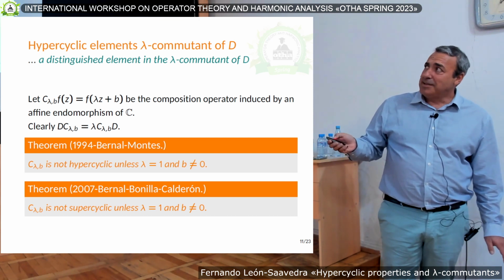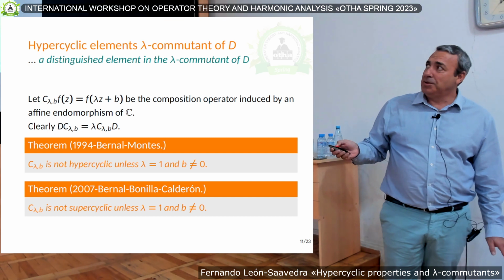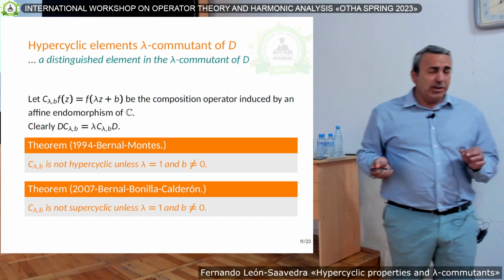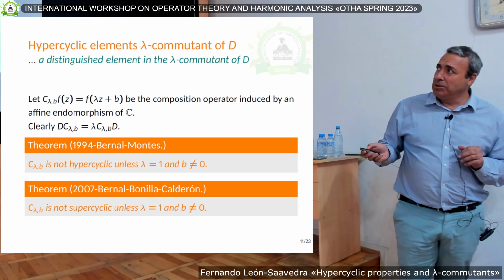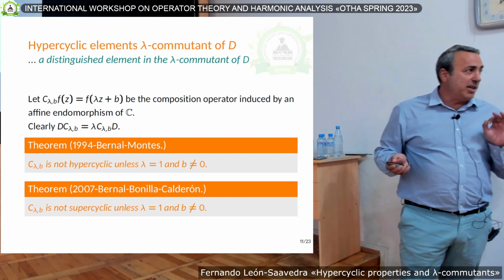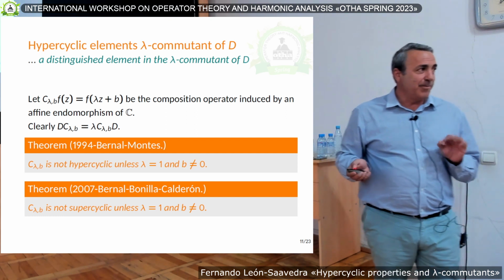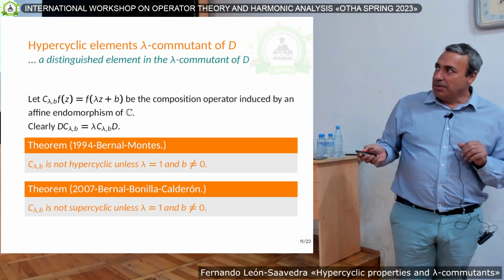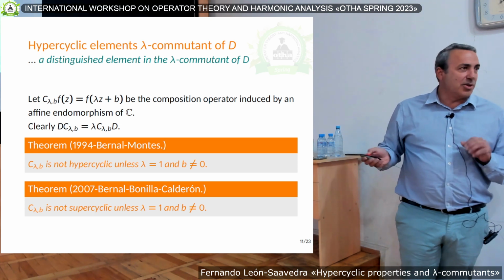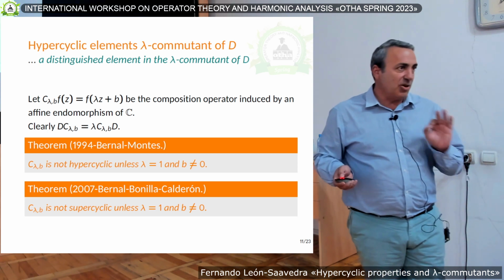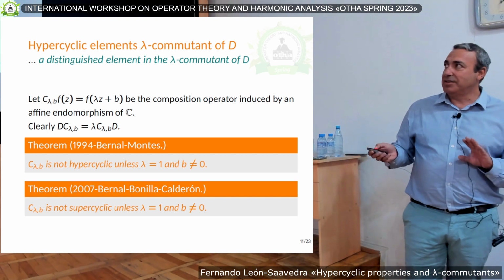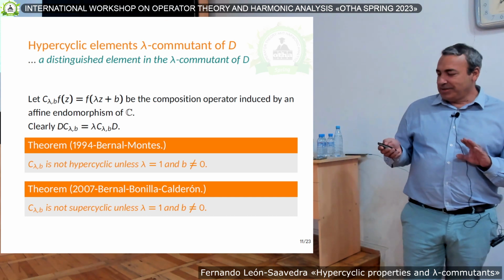This is a special case of lambda commutant, and this operator was proved by Bernal and Montes that it is never hypercyclic when it is a translation. Moreover, later it was proved that it is not supercyclic when it is a translation, lambda equal to 1. This operator is never supercyclic or hypercyclic.